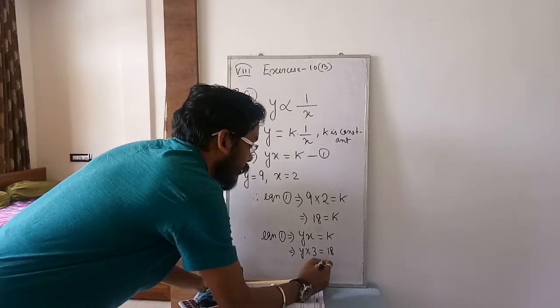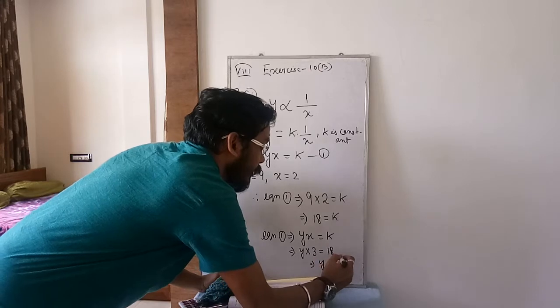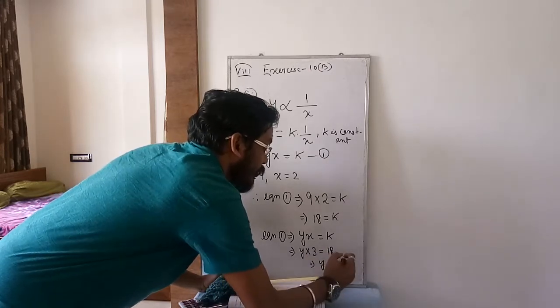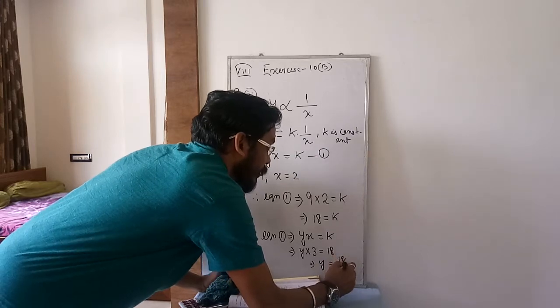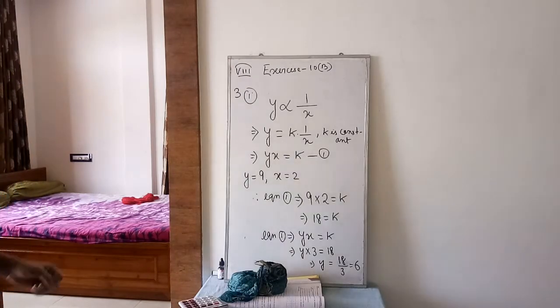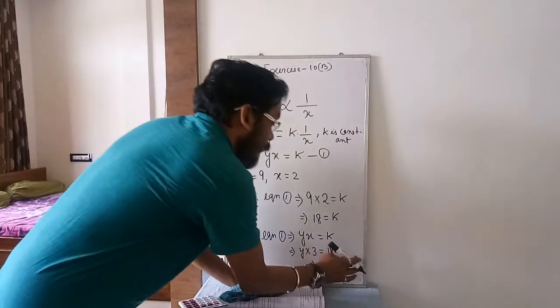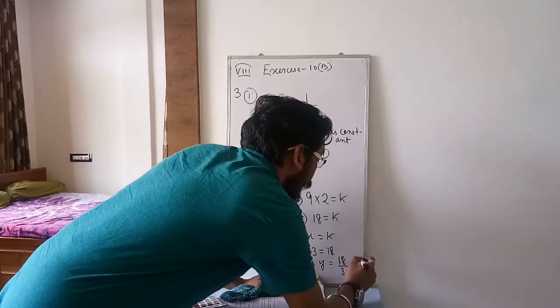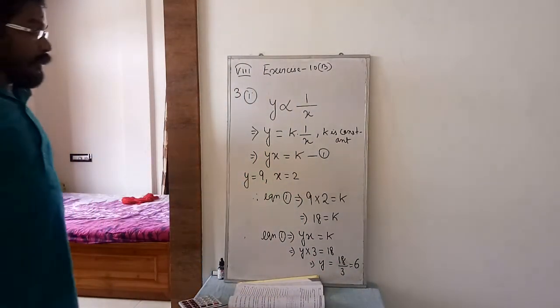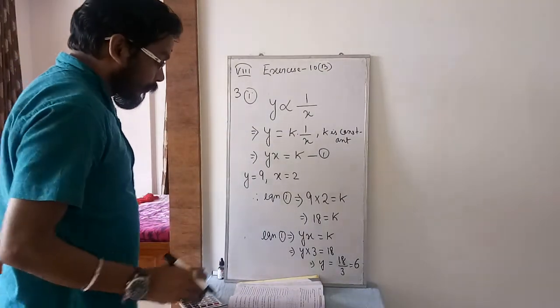So y equals 18, 3 will come in the denominator, 18 upon 3, so it is 6. Take the screenshot. You can take the screenshot of this one. 18 upon 3 is 6. Okay, so this is all about 3 Roman 1.